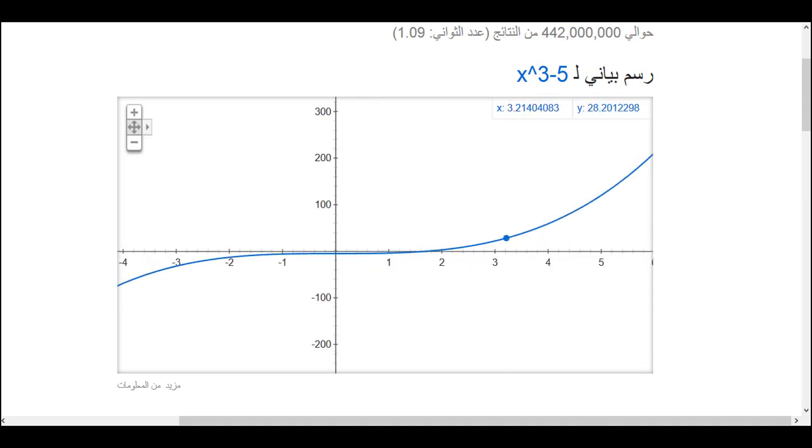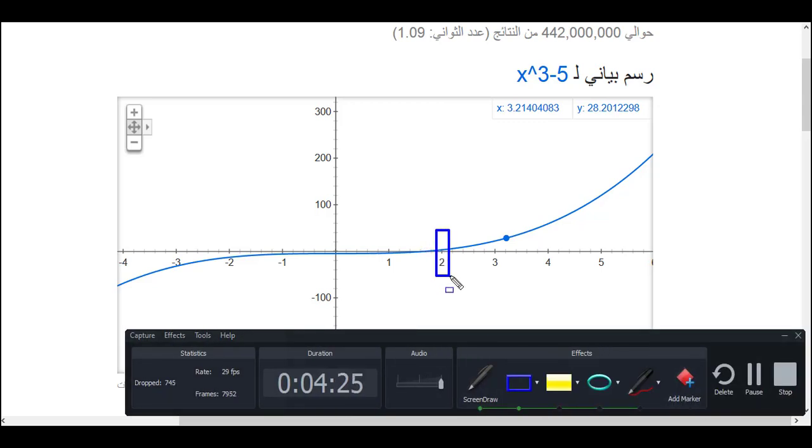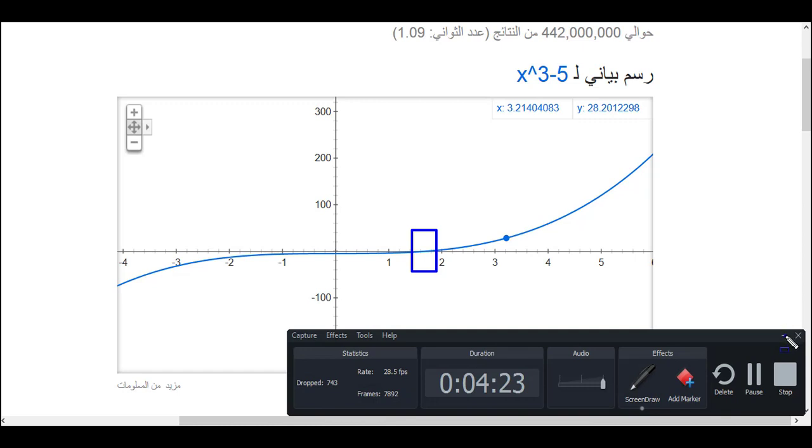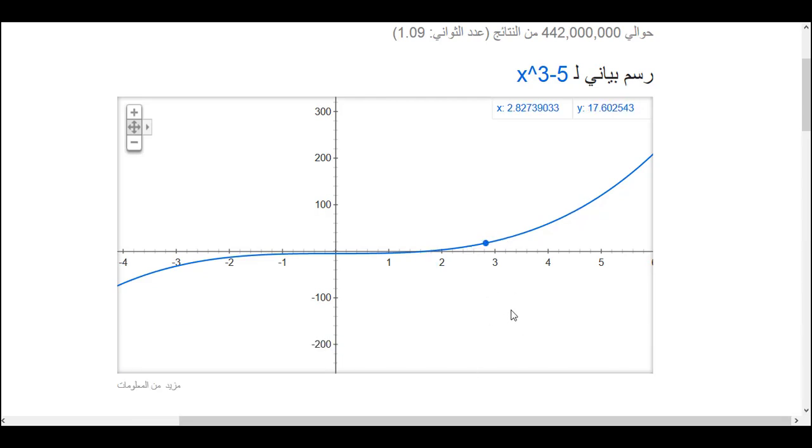The value of the root approximately lies here.